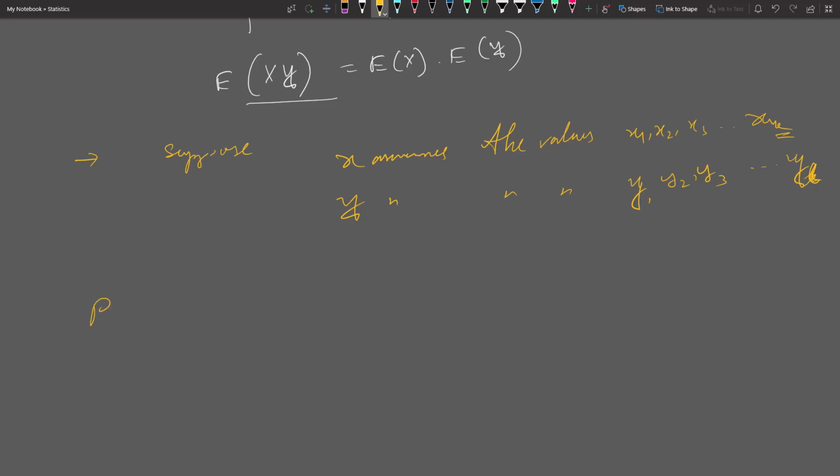Suppose the probability that capital X is equal to xi and Y is equal to yj, this one takes X's value and this takes Y's value, as simple as that. So here i runs from 1 to k, and j runs from 1 to l.